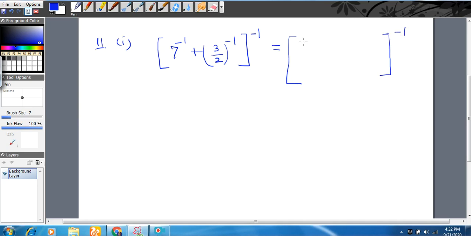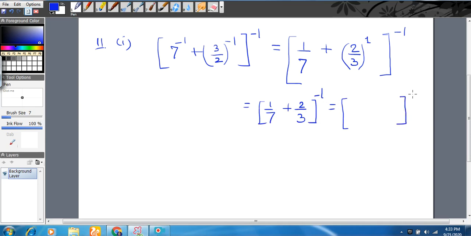So 7 power minus 1 को हम 1 upon 7 लिखते हैं, and here the exponent is minus 1, so just write the reciprocal of 3 upon 2 and change the sign of the exponent inside the bracket. Okay, so now simplify. 1 upon 7 plus, it is simply 2 upon 3 power minus 1.